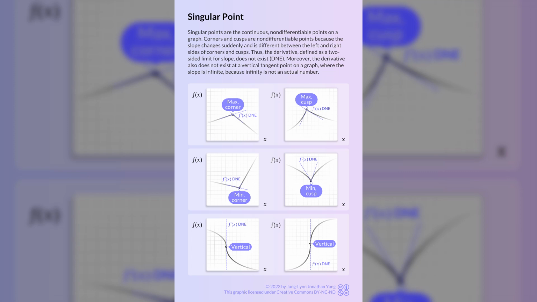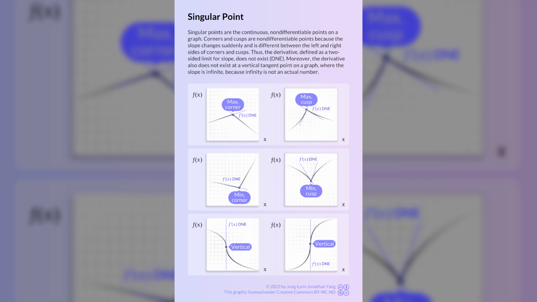How I think about a corner is just that the portion of graph that's approaching that corner point is linear, whereas with a cusp, it is curved. Depending on the orientation of this point, we can have a maximum or a minimum.